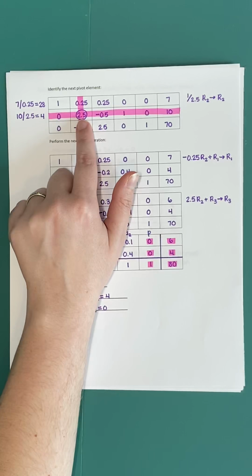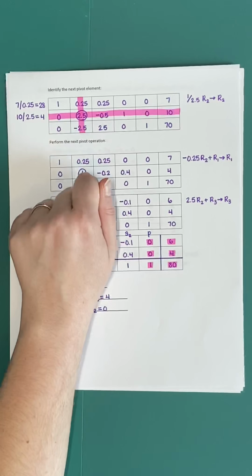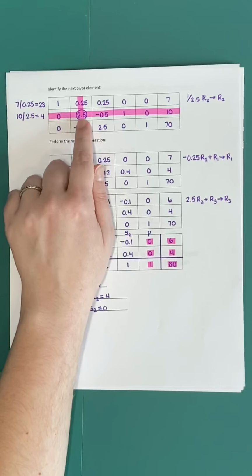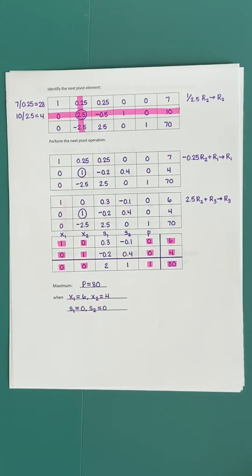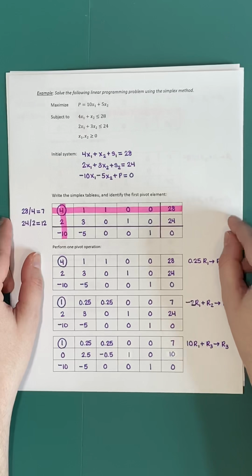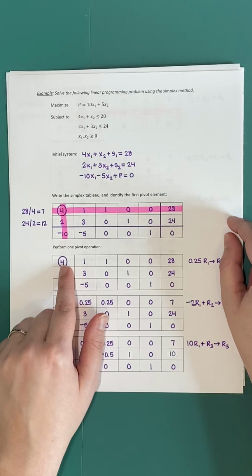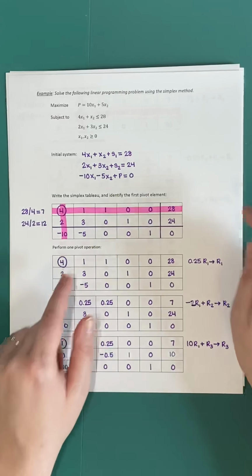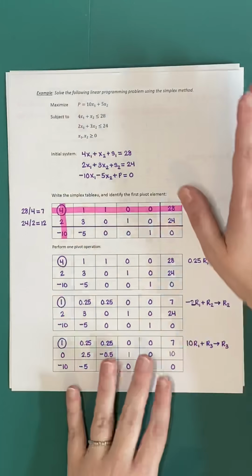That's the element I want to transform into a 1, and that's the element I'm going to use to clear the column. Now, how do you get rid of a 2.5? Well, if you think about what happened with the first time we cleared, I wanted to get rid of a 4, so I used a 1/4. We call that a reciprocal. If we take any number and multiply it by its reciprocal, then they will reduce, they will give you a 1.